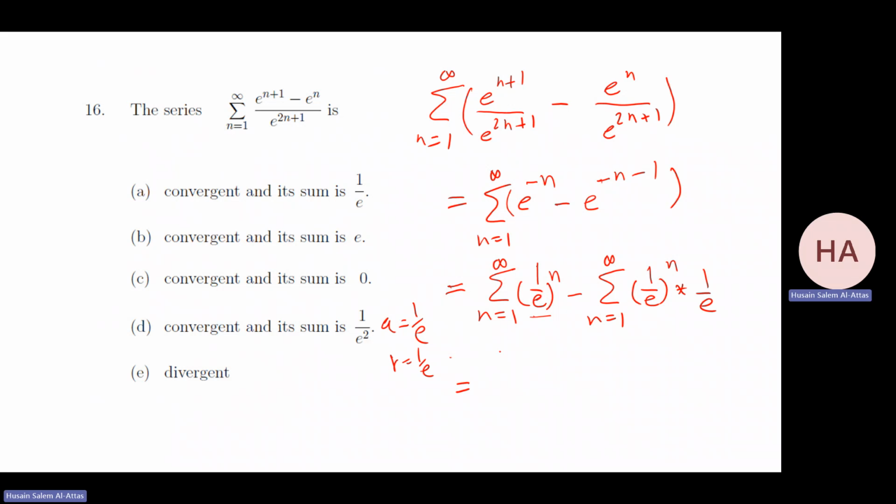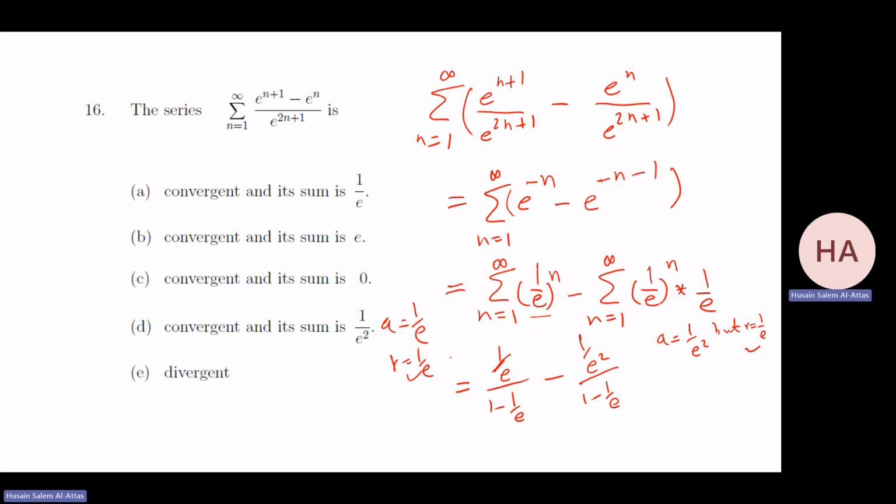So in this one, I have 1 over e over 1 minus 1 over e. Minus, this one, what is my starting point? It's a equal 1 over e square, but r equal 1 over e, which converges, satisfying the condition. So I have 1 over e square over 1 minus 1 over e.